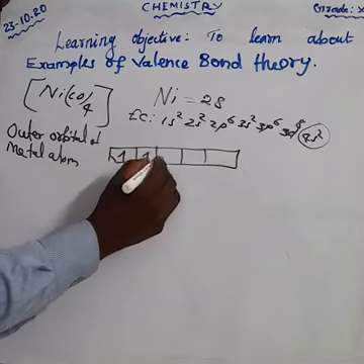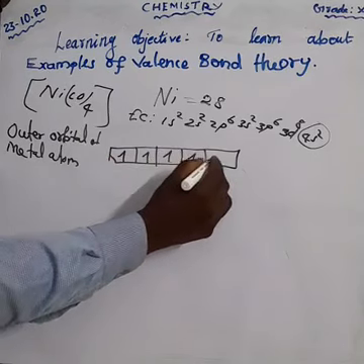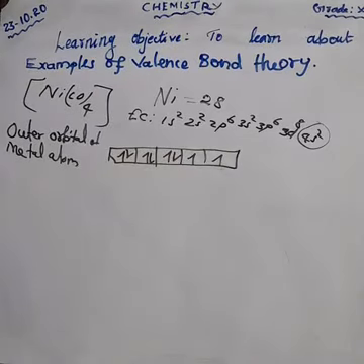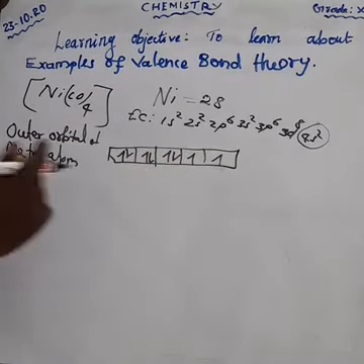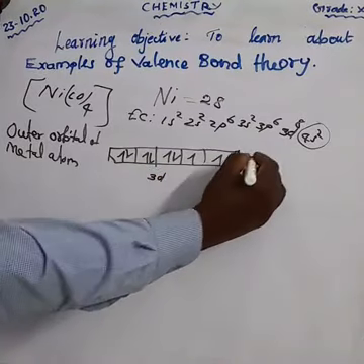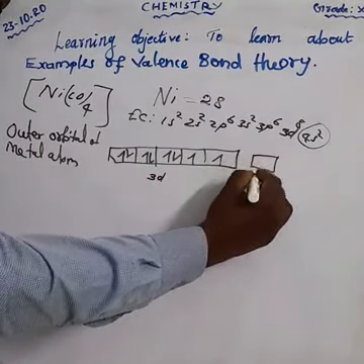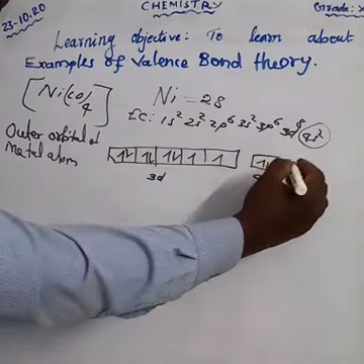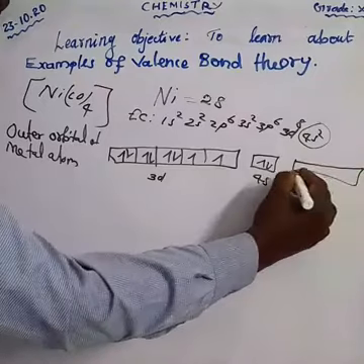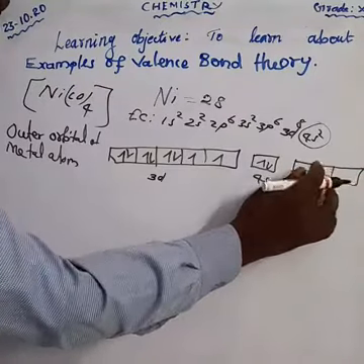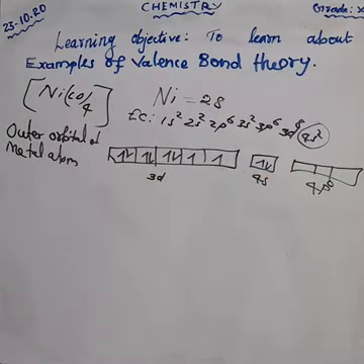Next the 4s, with 2 electrons. Next you should draw the 4p, there is no electron. This is the outer orbital of the metal atom.